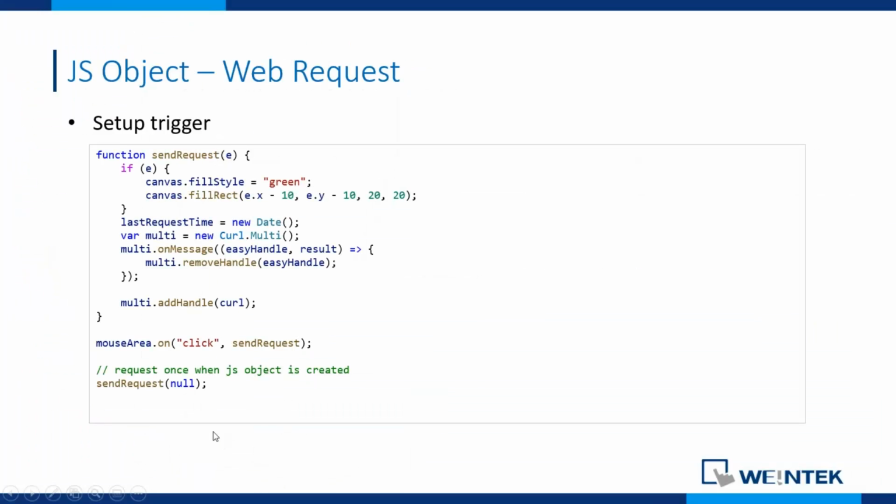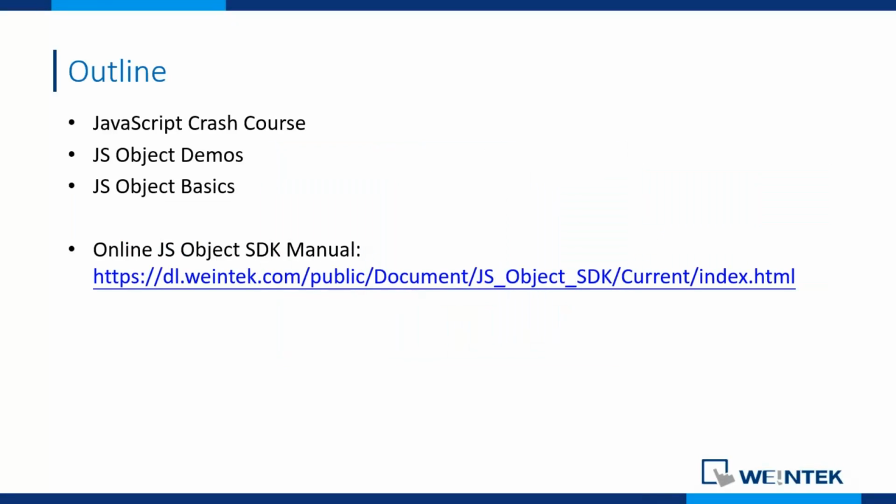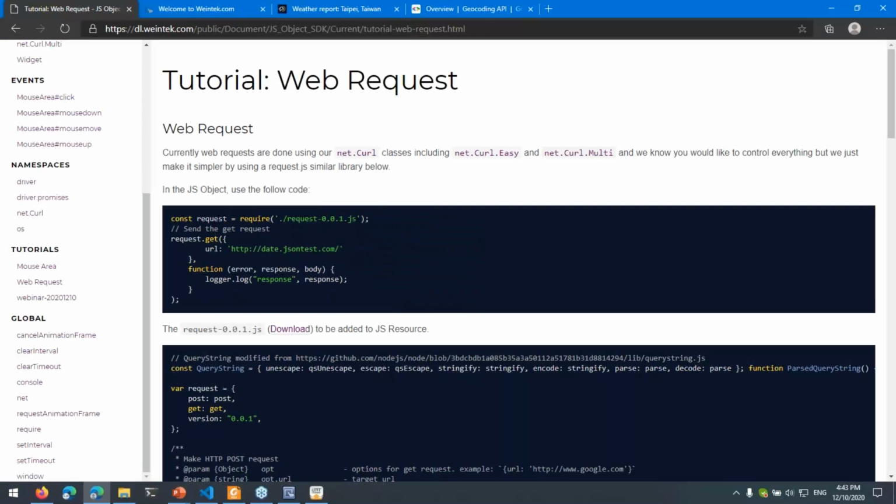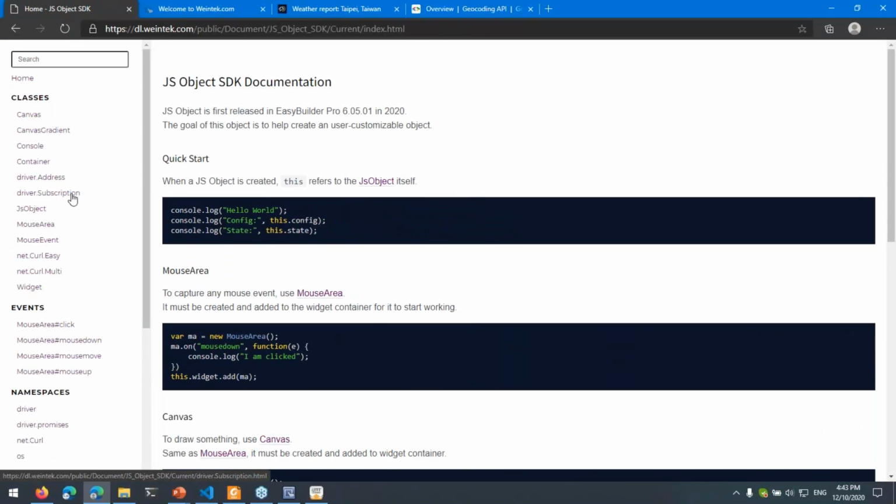So let me just recap. What I talked about is a crash course, some very basic syntax for JavaScript. And then I showed you a demonstration of our JavaScript objects and the basics of our JavaScript objects. And the most important thing, you should check out our online manual and go to our web page here.